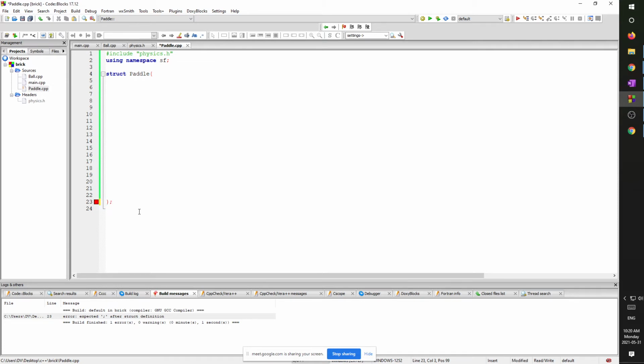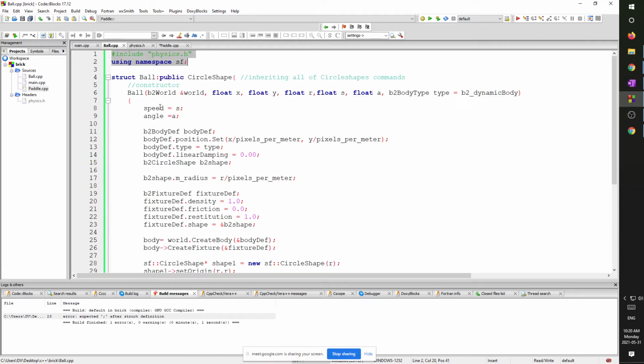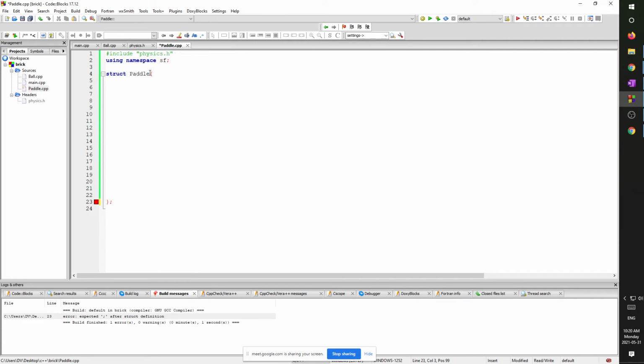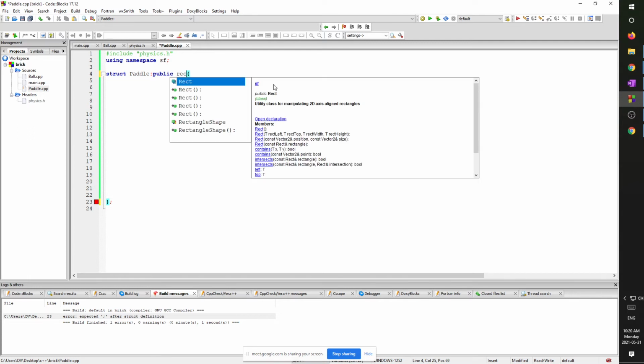Alright, there we go. Wait, for the paddle, do we really need a speed and an angle? No. We're just going to be moving it with our keyboard, so we don't really need that. We do, however, want it to use, so if we write public, we want it to capture all the properties of, I don't even really know if we need to do this at this point. Rectangle shape?